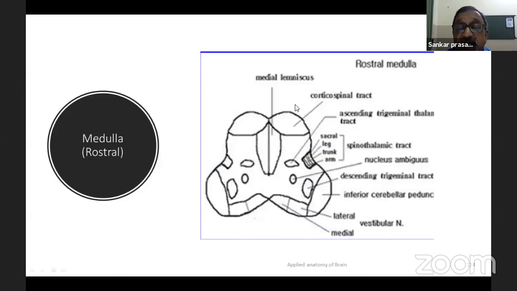In the medulla, if you look ventrally, there is the corticospinal tract; the ascending trigeminothalamic tract, that means the tract of the trigeminal nerve, and the spinothalamic tract are laterally placed, and the inferior cerebellar peduncle is dorsally and laterally placed, and the sensory nuclei are present dorsally, and the nucleus ambiguus is present here.